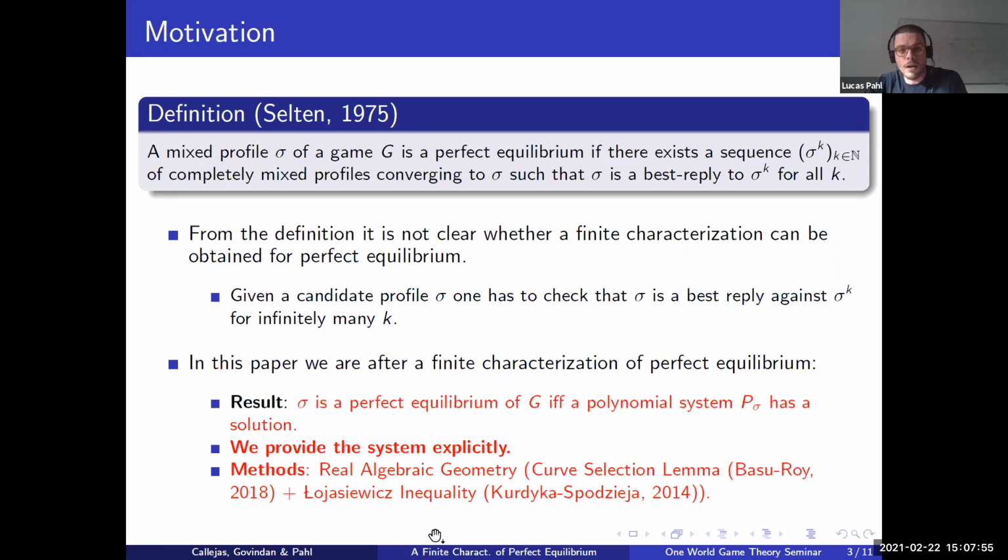The same goes for the Łojasiewicz inequality of Kurdyka and Spodzieja. In that paper, they also show estimates for certain quantities in the Łojasiewicz inequality that were only known to exist, and we're going to use these estimates to prove our theorem. I'll be a bit more specific about this later.